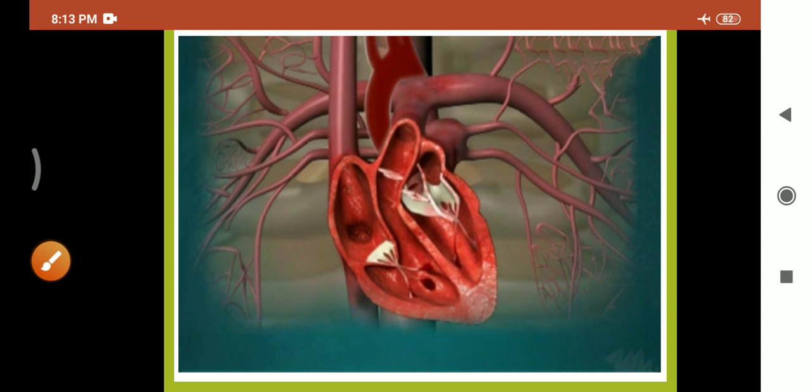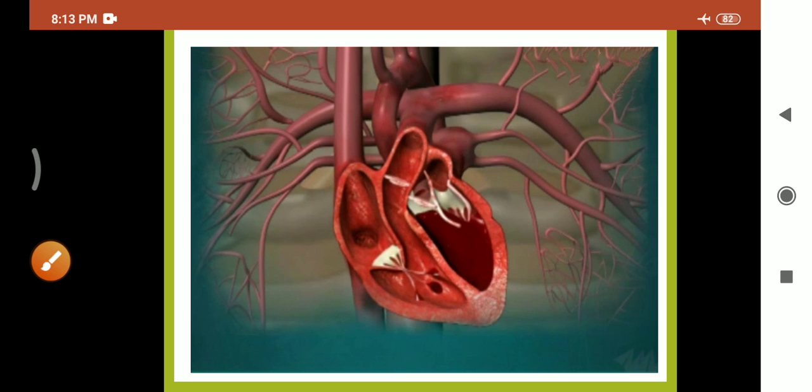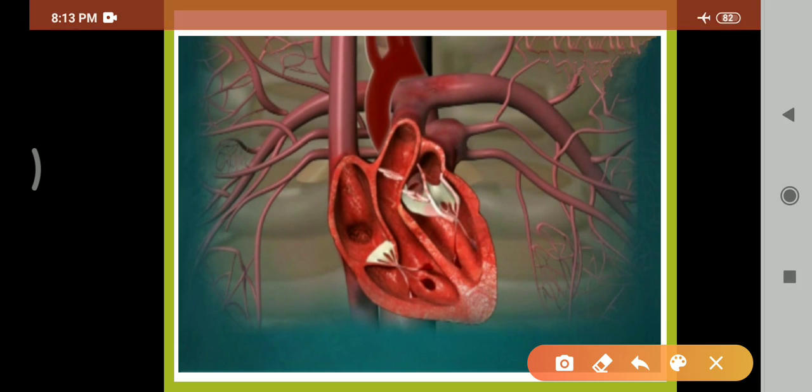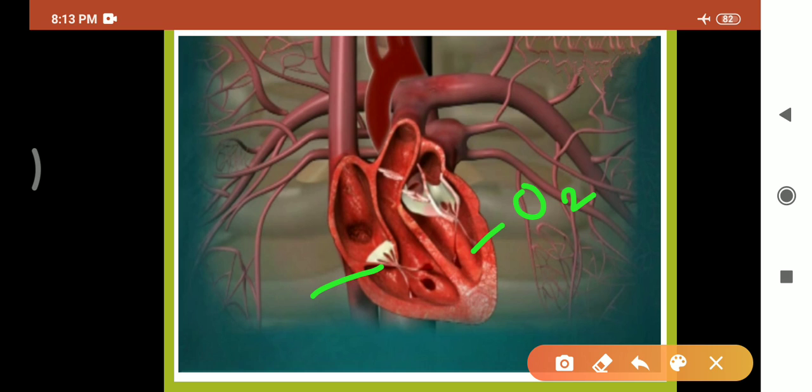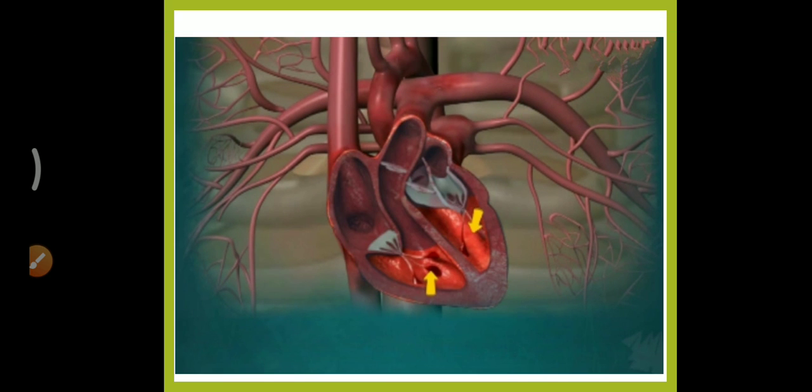The left side is always oxygenated blood, and the right side is always deoxygenated or carbon dioxide rich blood, right? And these chambers have valves. The heart has four valves. The first is the tricuspid valve, present over here.